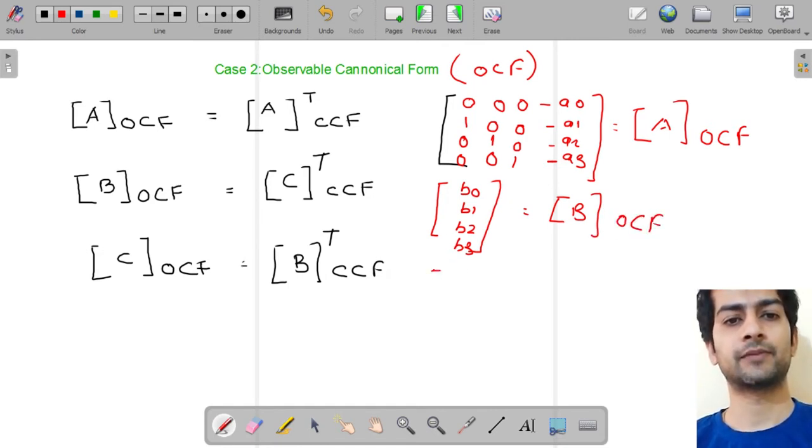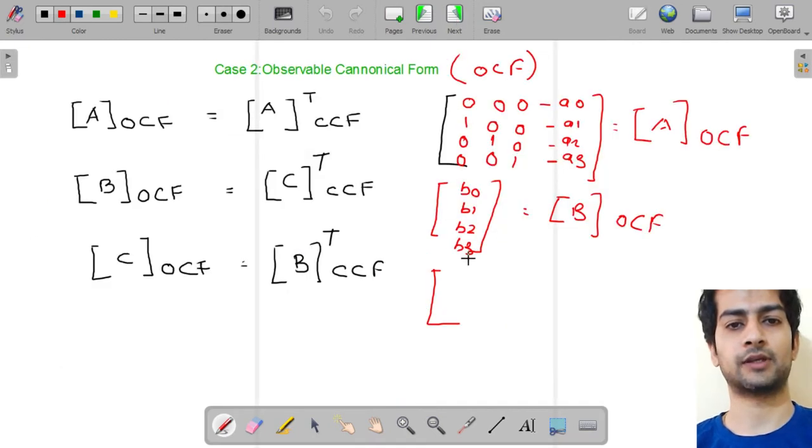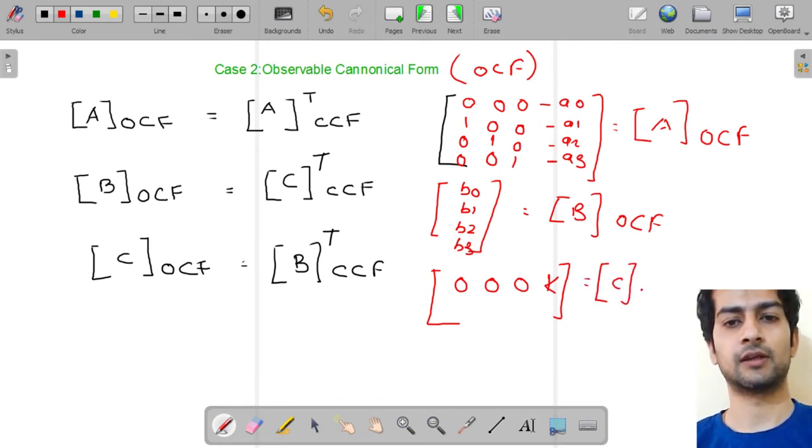Now similarly, if we want to find matrix C in observable canonical form, what we have to do is take the transpose of matrix B. So we will get this. This will be our matrix C in observable canonical form.